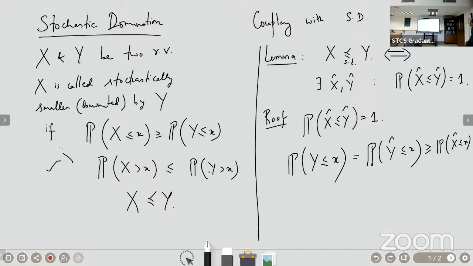How do you suddenly jump from this to that? All you're given is that the probability of x hat less than or equal to y hat is 1. Why does this imply this? X hat is smaller than y hat, that we know.